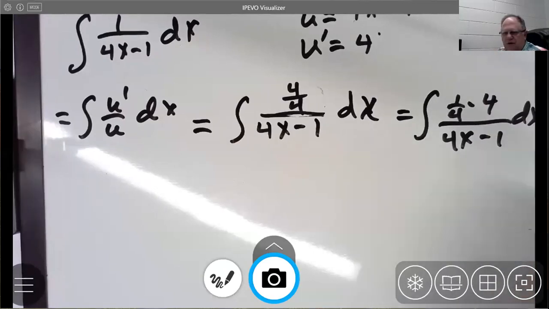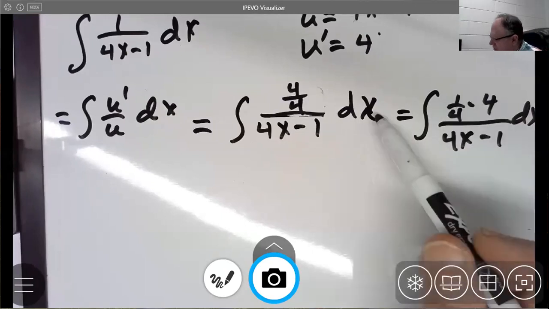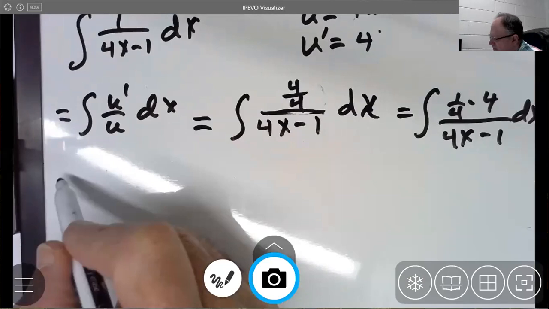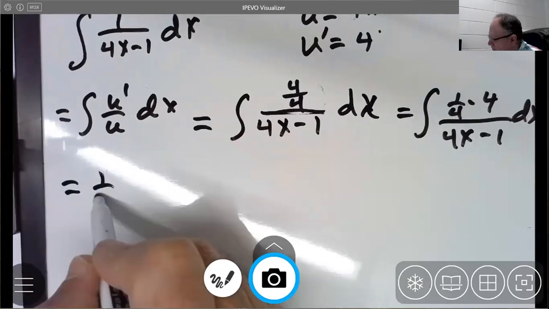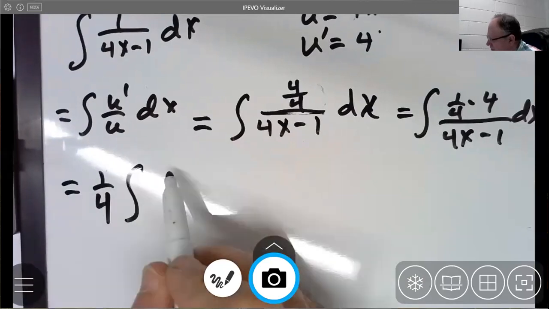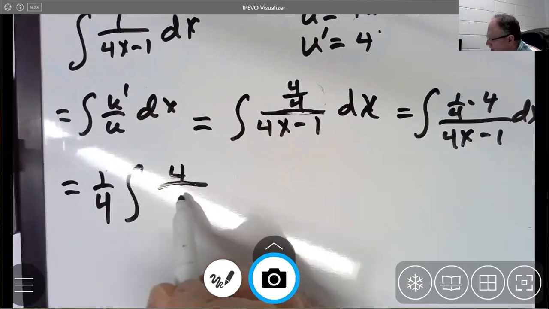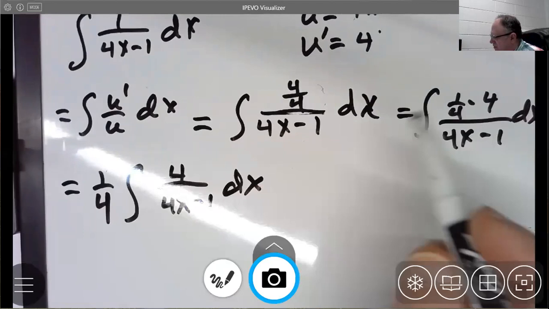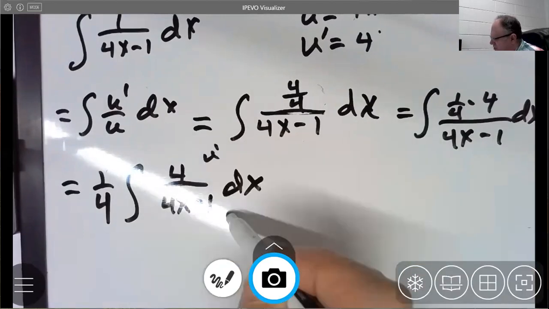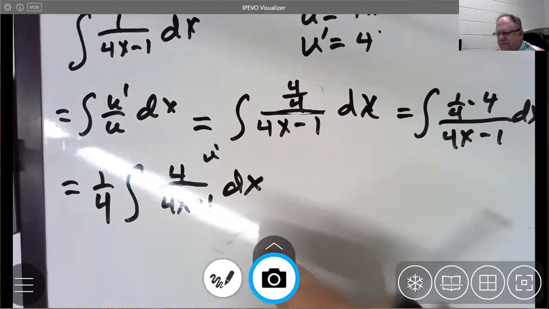So this is still 1, and now we can bring that 1/4 out front. So that's 1/4 integral of 4 over 4x minus 1 dx. And now we have our u prime over u.